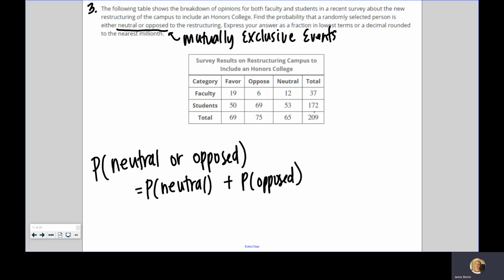All right, so this one is nice. It already has the columns and the rows all added up for us. So it says probability that someone is neutral. There was 65 out of the 209 in total that were neutral. Plus people that were opposed, it says there were 79 out of 209 who were opposed.